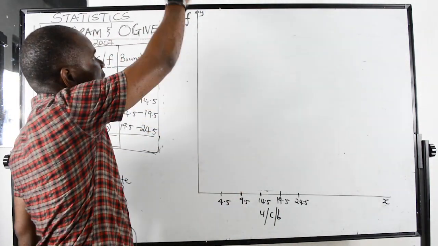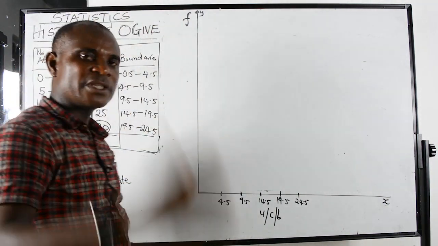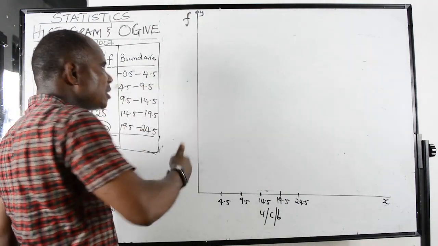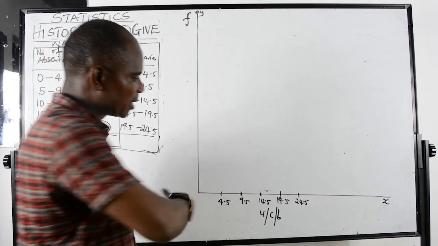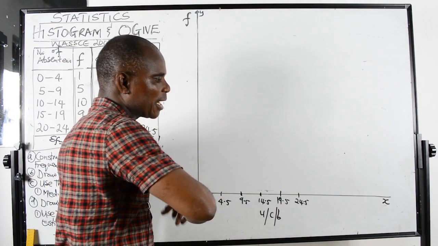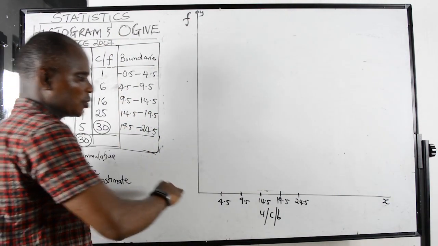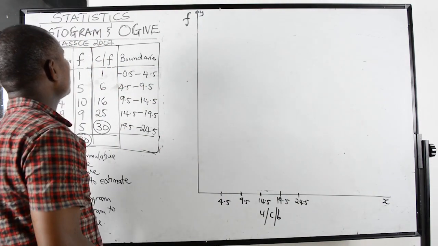For the archive, the cumulative frequency is plotted along the vertical axis, which is the y-axis, and for the histogram, the frequency is plotted along the vertical axis, which is the y-axis. So note the difference. But the x-axis is the same for both the archive and the histogram: the upper class boundary will be on the x-axis and the frequency on the vertical axis.